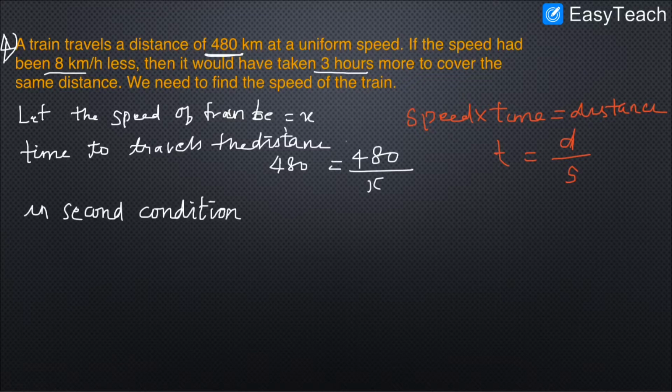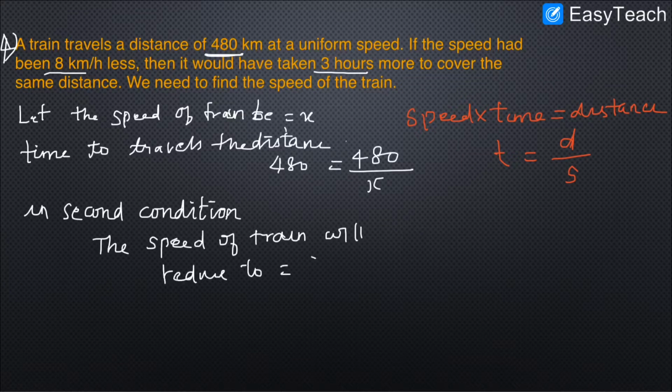So in the second condition, the first speed of the train will reduce to x minus 8 kilometers per hour.